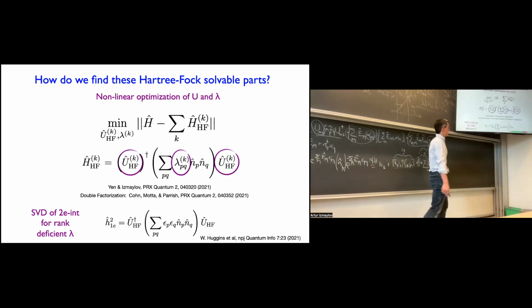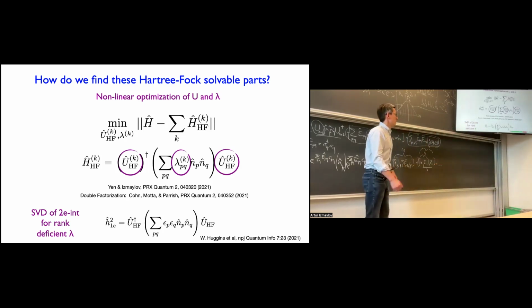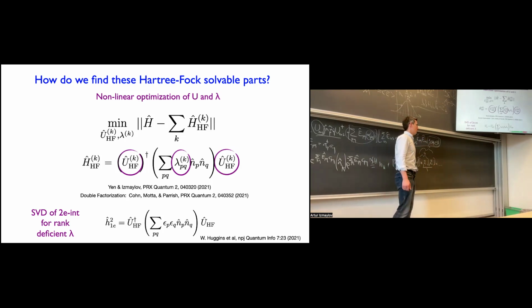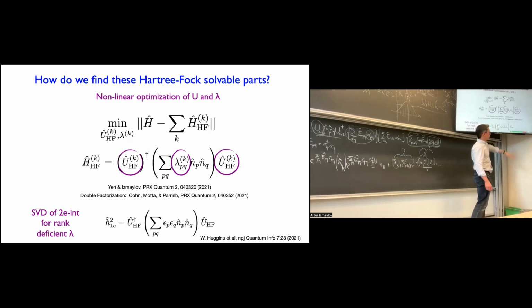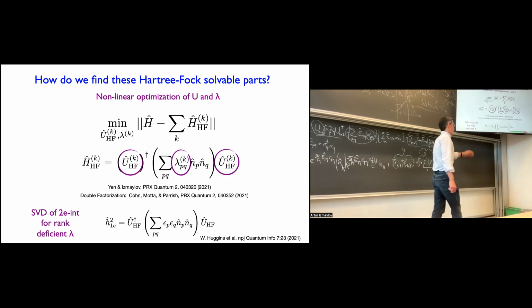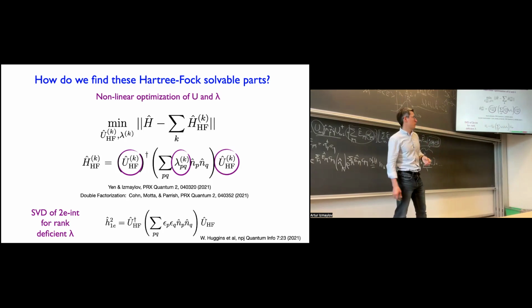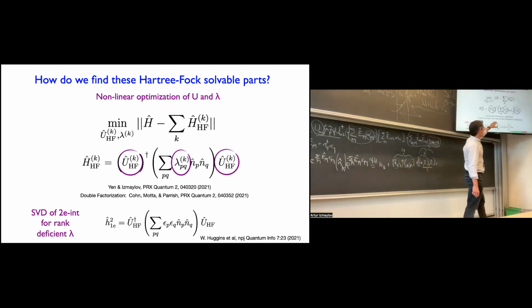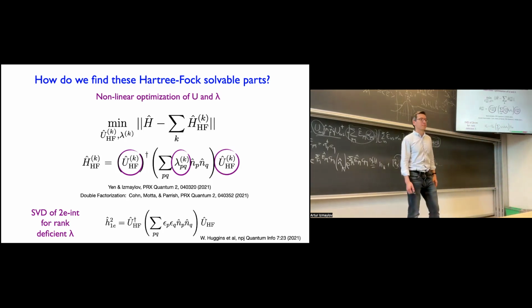There will be multiple fragments again, not more than n squared, but you could obtain these fragments more easily than this nonlinear search. But nonlinear search gives you fewer fragments because our lambdas usually are full rank matrices versus rank deficient fragments here.